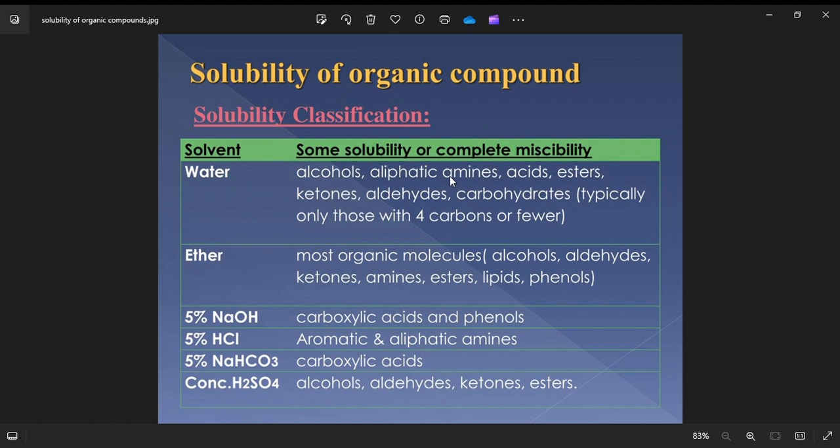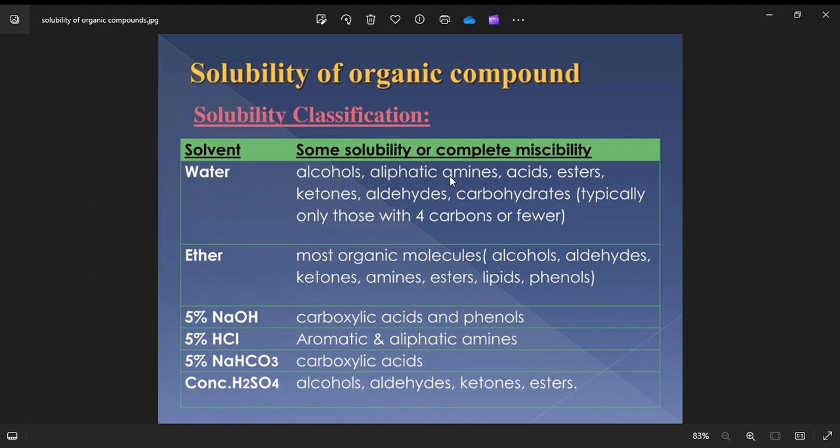What will make a difference between them is sodium hydrogen carbonate. Phenols will not dissolve in sodium hydrogen carbonate, but carboxylic acid will dissolve. So that has brought a difference between phenols and carboxylic acid.